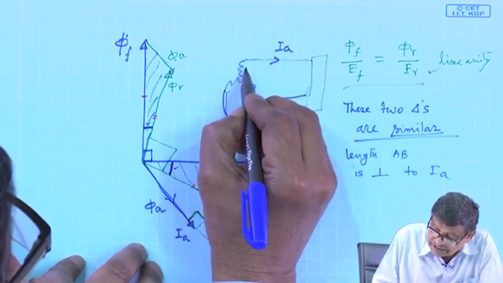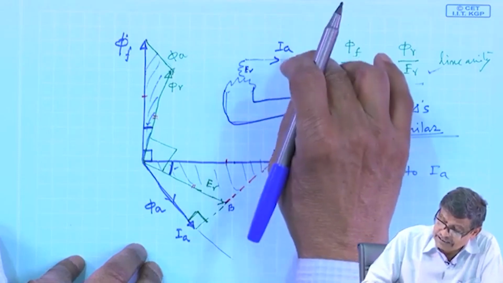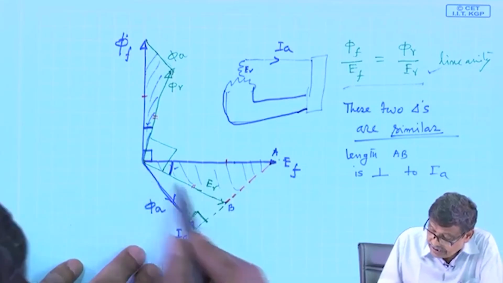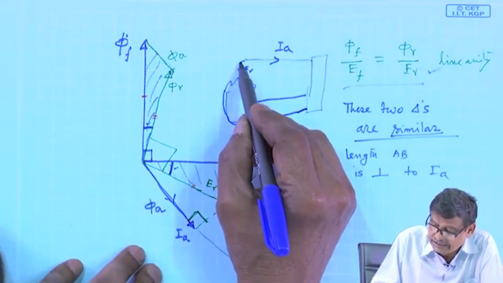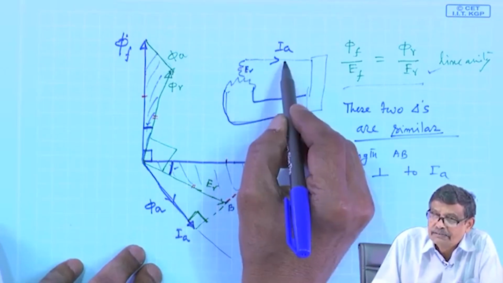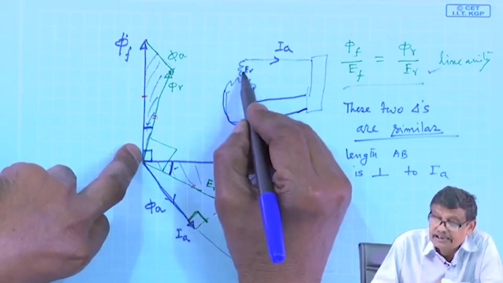Now, induced voltage is here. What is the voltage across the load? It should be ER minus the resistance and leakage reactance drop of this winding. Please follow me. This ER I have got, it is here now.